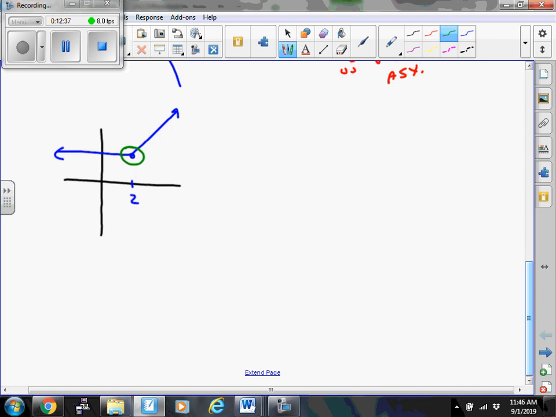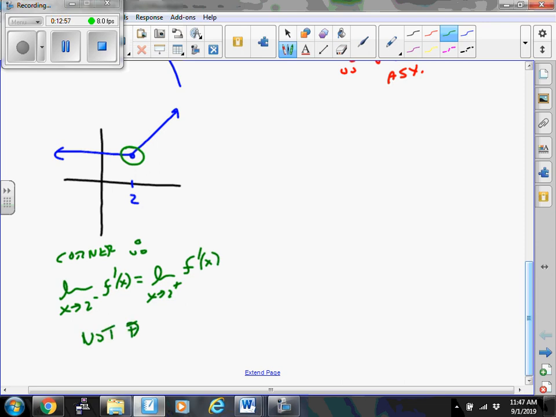Well, because at 2, there's a corner. Therefore, the limit as x approaches 2 on the negative side of the slope does not equal the limit as x approaches 2 on the positive side of the slope. Therefore, not differentiable at x equals 2.